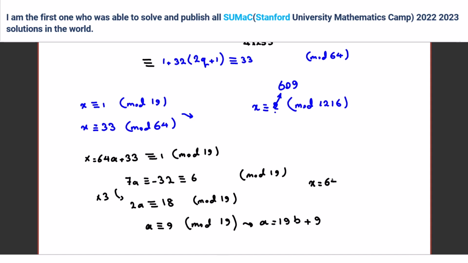So x is 64 times (19b plus 9) plus 33, right? Yeah. So which is mod 1216. B, 9 times 64, 9 times 4, 36. We have 3. 9 times 6, 54, plus 3, 57. Plus 33. Which is 609.